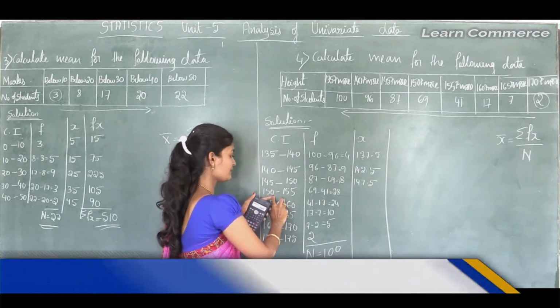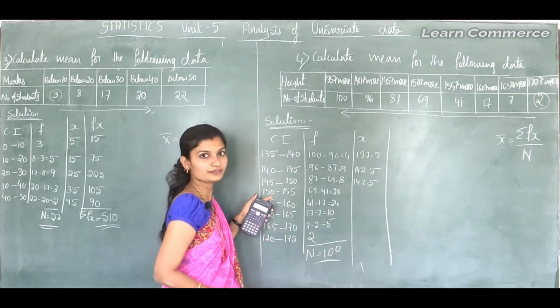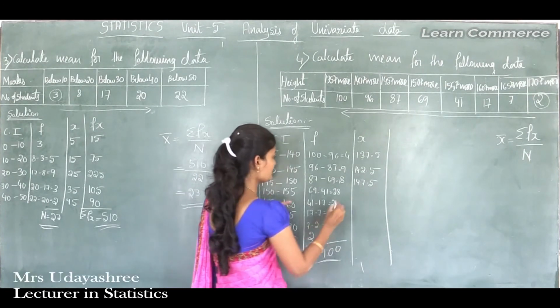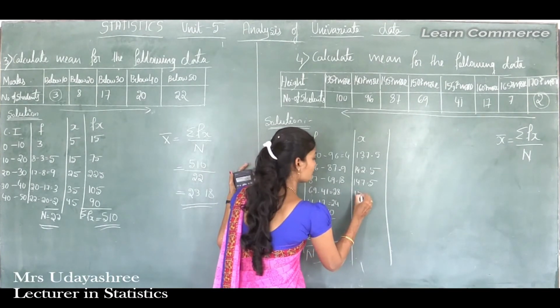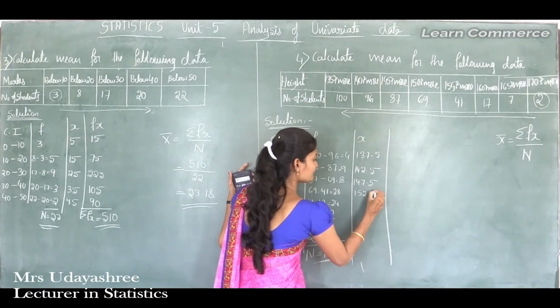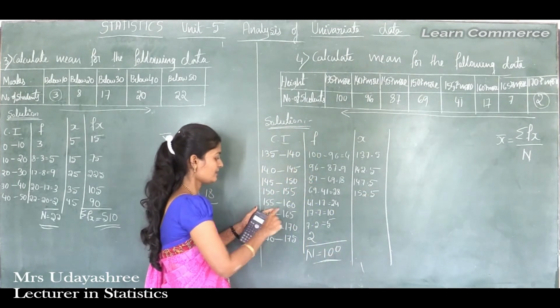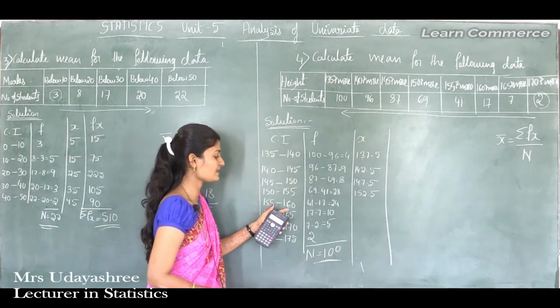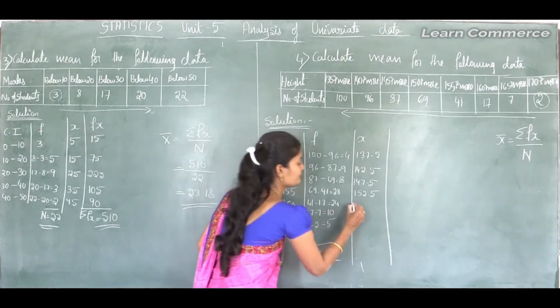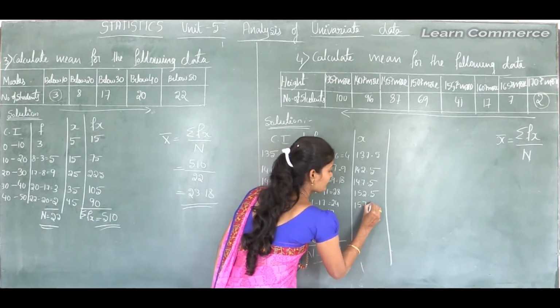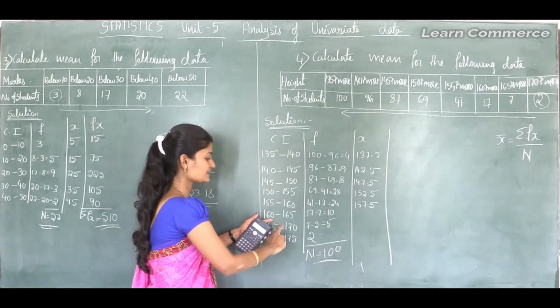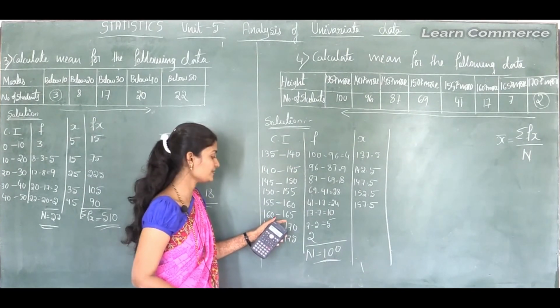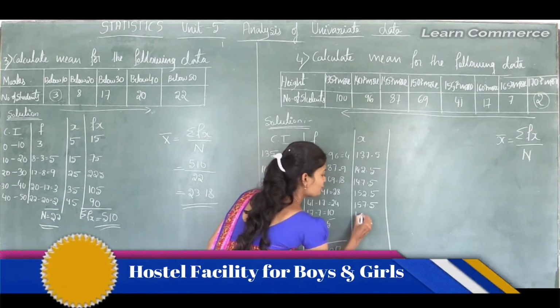And here it is 150 plus 155 divided by 2 is 152.5. Next, 155 plus 160 divided by 2 is 157.5. Next, 160 plus 165 divided by 2 is 162.5.